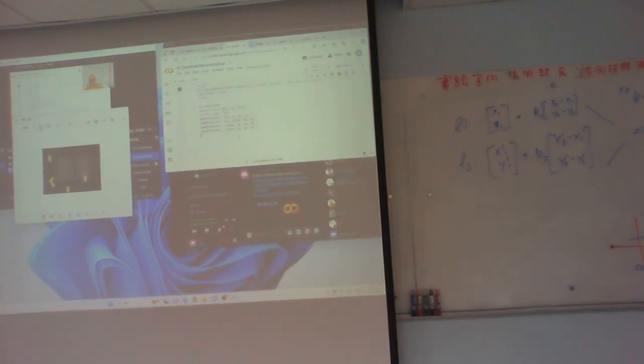Okay, so then it should be cx, cy, c height, c width. That's the cell.